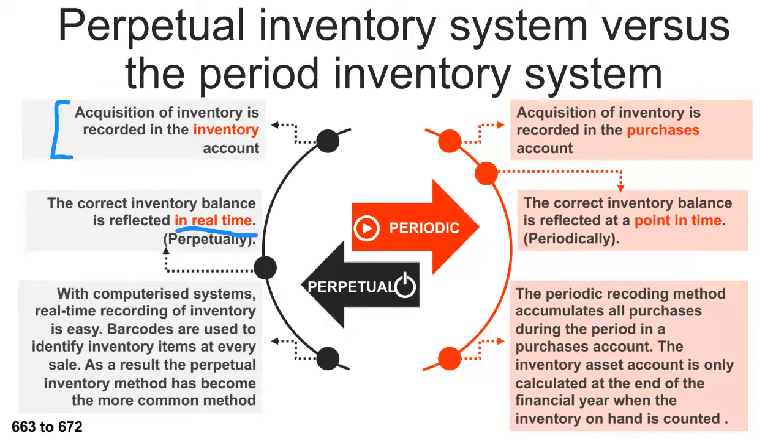And what we've noticed of late is that smaller and smaller companies are able to implement the perpetual inventory system. This is because we found that there's a large amount of technology take-up in the space, right? We've got what we call inventory management systems that have become quite complex with the use of barcodes and scanners, and recently a lot of robotics has come into the space of inventory.